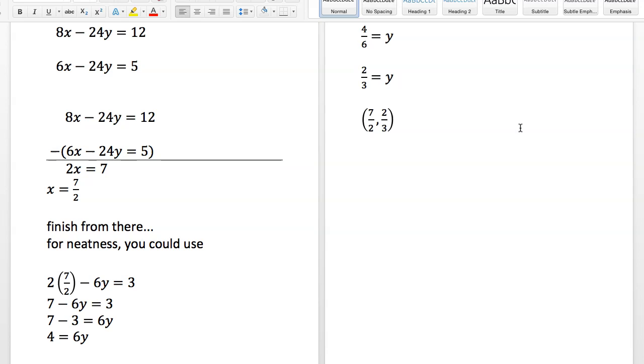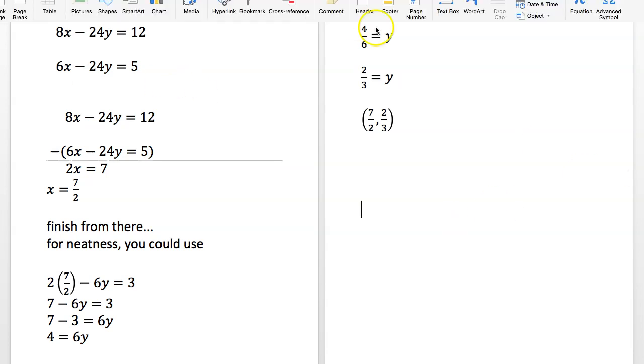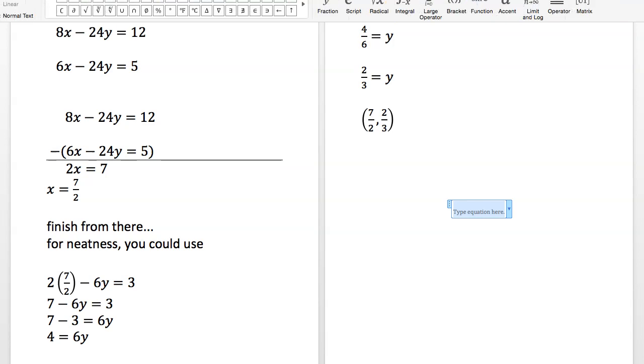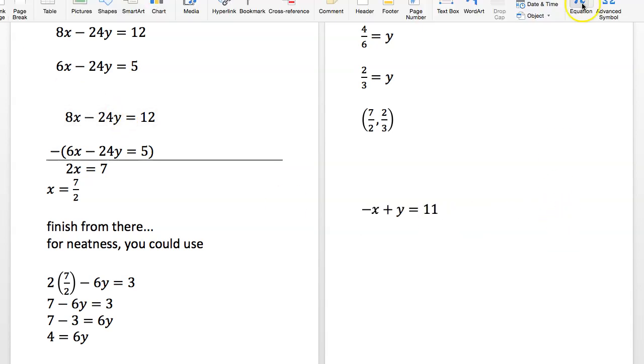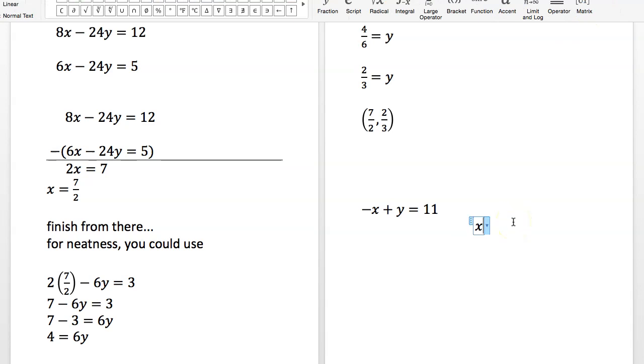But yeah, guys, if they ever give you opposite signs from the start, let's say they give you negative x plus y equals 11, and let me make it a little spicy: put a 2 in front here, 3 in front here.